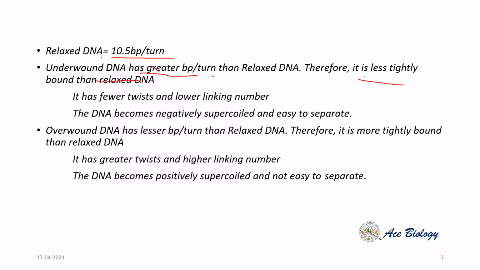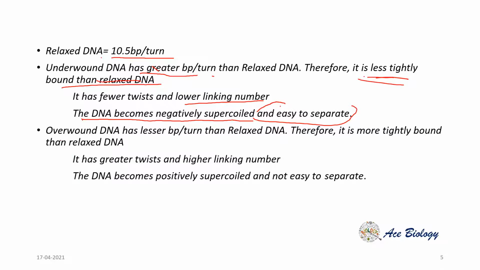So there will be fewer twists, and because of the low number of twists, the linking number will also become lower. Because of all this, a negative supercoiling is introduced in the DNA. Negatively supercoiled DNA is comparatively easy to separate. Why? Because it is less tightly bound as compared to the relaxed DNA.